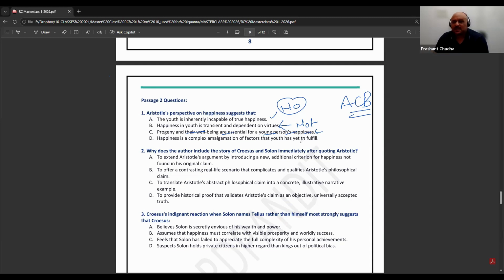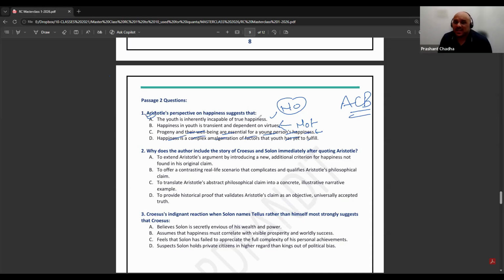Option number D: is it an amalgamation of factors that the youth is yet to fulfill? Or is it something that the youth can actually never fulfill? It is incapable, right? Youth cannot achieve it. Hence, ruled out. Answer option number A.